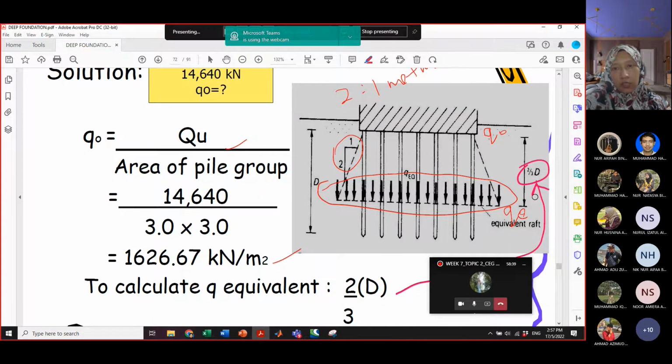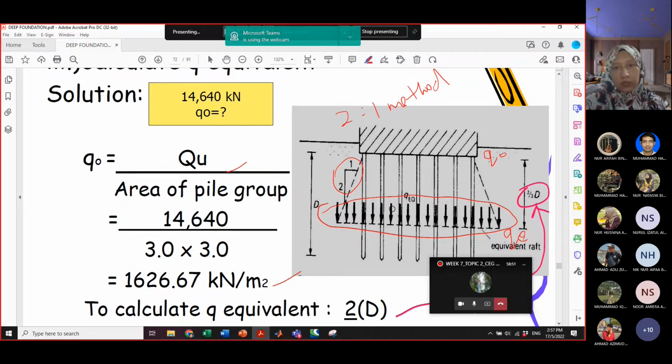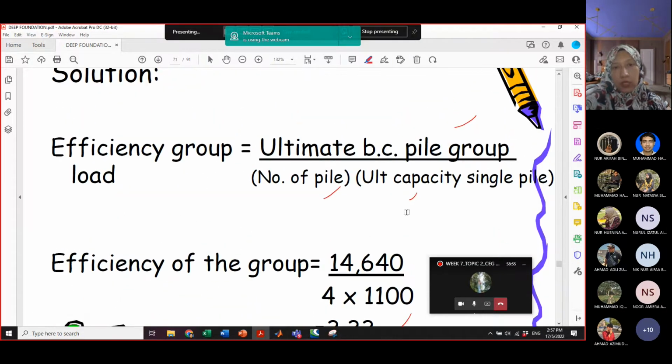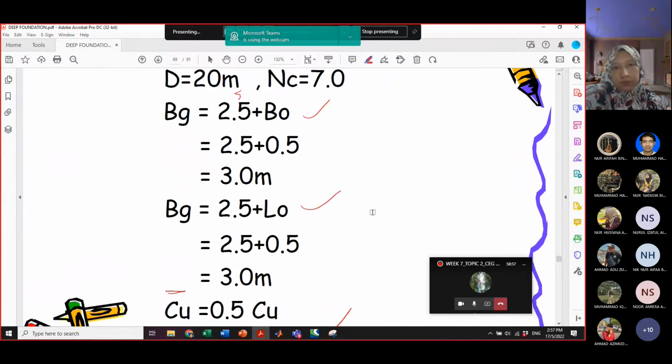Kita akan ambil at the mid center of the clay pada kedalaman D, embedded length of the pile itself, and then we estimate the bearing capacity of the pile group as well as the efficiency number.